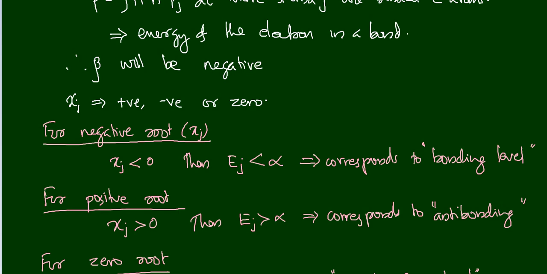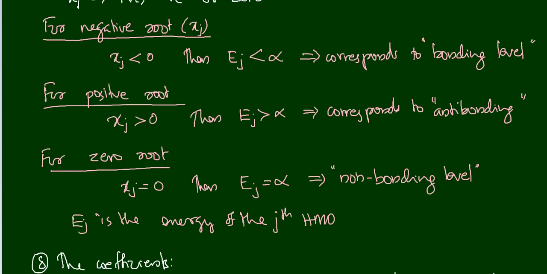Okay, and for a 0 root, when xj is equal to 0, ej will be equal to alpha. It means that the Hückel molecular orbital will have the same energy as the atomic orbital. There is no gain, at the same time there is no pain, nothing happens. It is a non-bonding level.